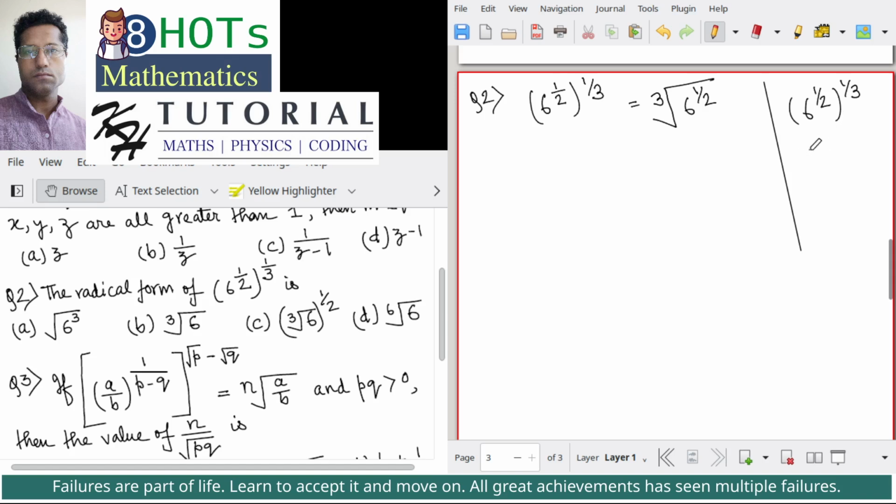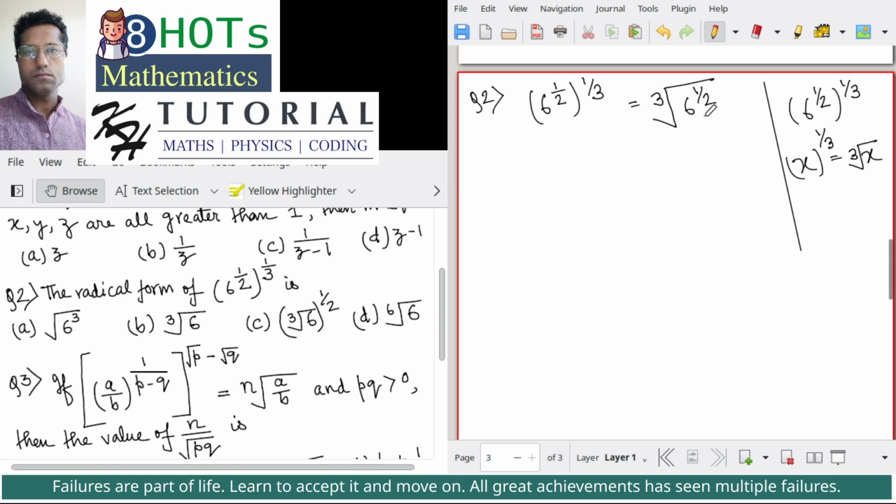So we know that x raised to the power 1 by 3, where x is some non-zero rational number, means cube root of x. In this problem, x is nothing but 6 raised to the power half. So this is equal to the cube root of 6 to the power half.